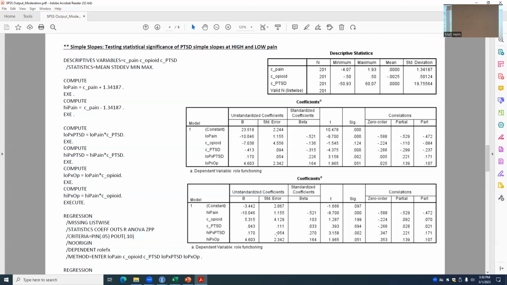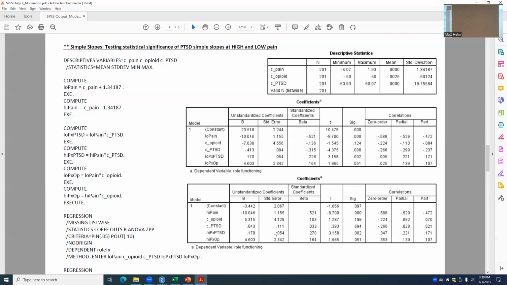But if we hold pain constant at a high level, a standard deviation above, what do we get? Do we have evidence for an effect of PTSD at that point? No, we've kind of floored out, right? Now PTSD isn't related to role functioning. If we hold pain constant at high levels, we've got no association of PTSD with role functioning. Probably what's happening is that people with high levels of pain are just kind of floored out. It doesn't matter what my level of PTSD is, I've just bottomed out.